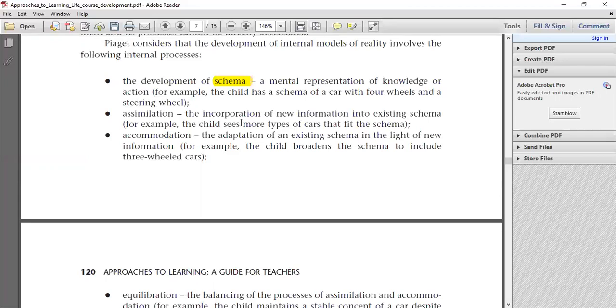So there are different kinds of tables, but there is a schema of table which is used to put things on, and we can study, put our books, put a lot of decoration pieces. There are multiple uses of a table.